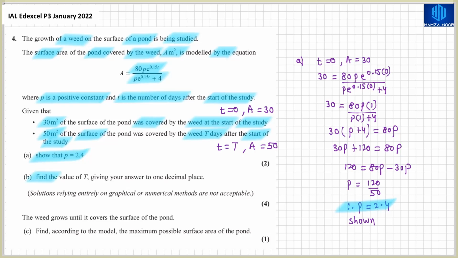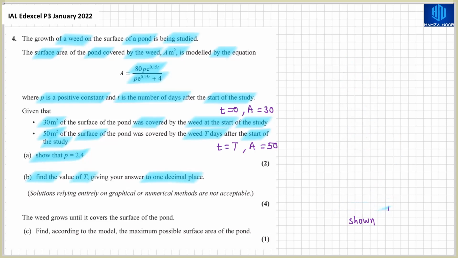It says to find the value of capital T, giving our answer correct to one decimal place. I'm going to erase the working of part A and solve part B on the same page.